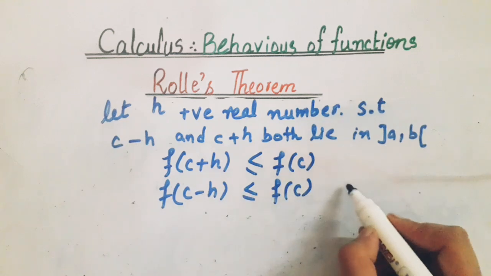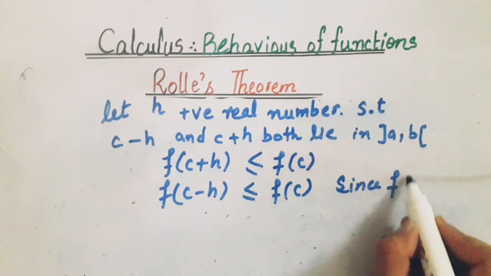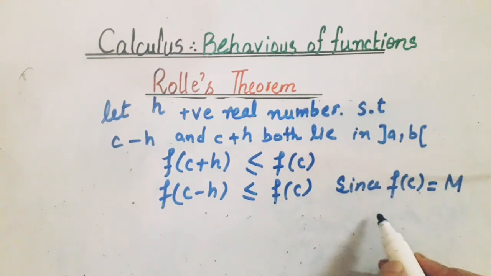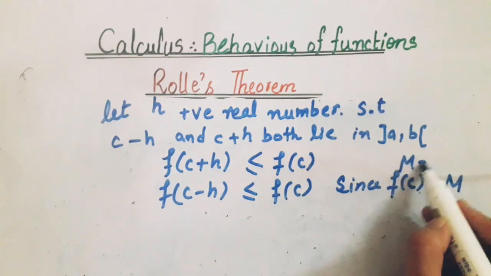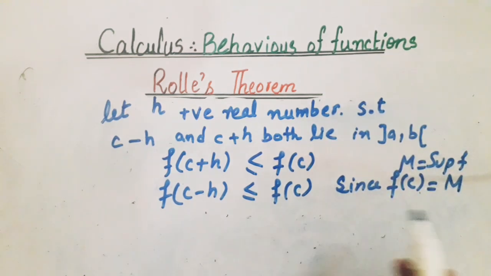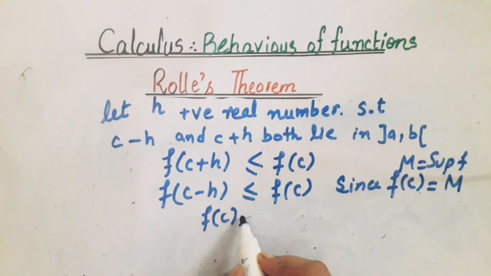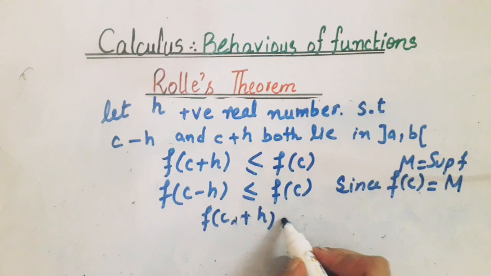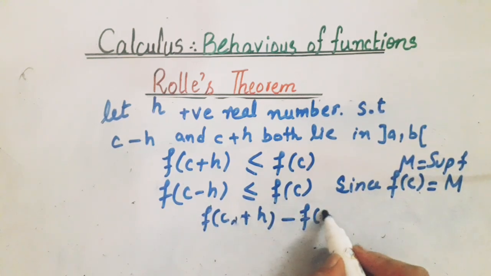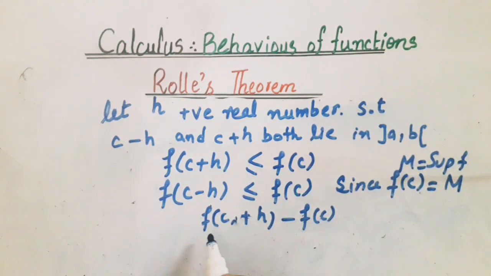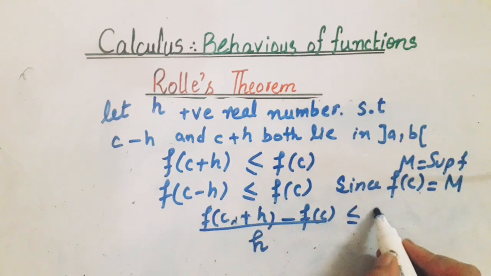Since we know that f(c) equals capital M, the supremum of f, this implies that (f(c + h) − f(c)) divided by h is less than or equal to 0.